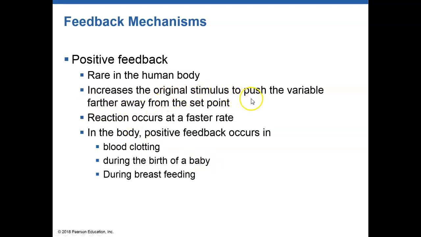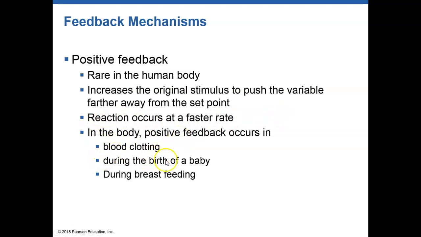It pushes the variable farther and farther away from set point. So instead of bringing us back directly to homeostasis, it pushes that variable farther away until a climactic event occurs, bringing us back to homeostasis.